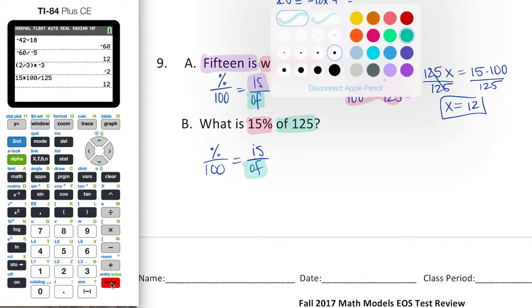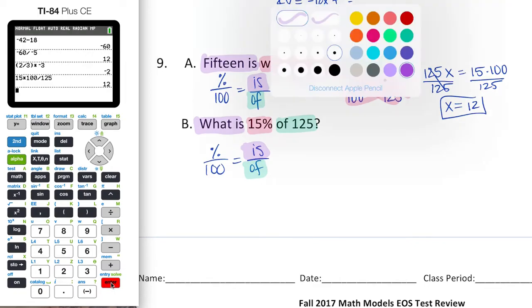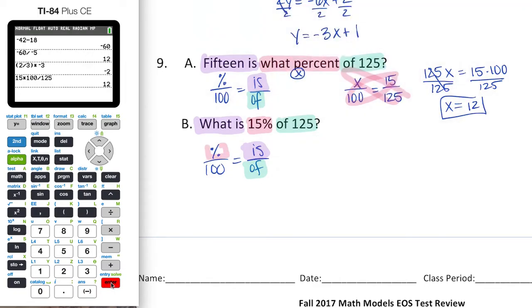We have our what is. So our is is our unknown. And we have our percent. Okay, so 15 over 100. That's our unknown, x, over our of, which is 125.